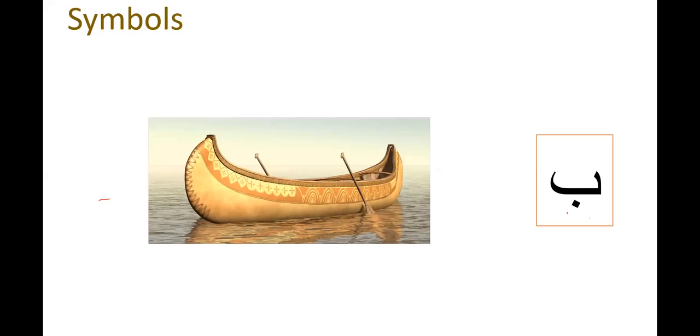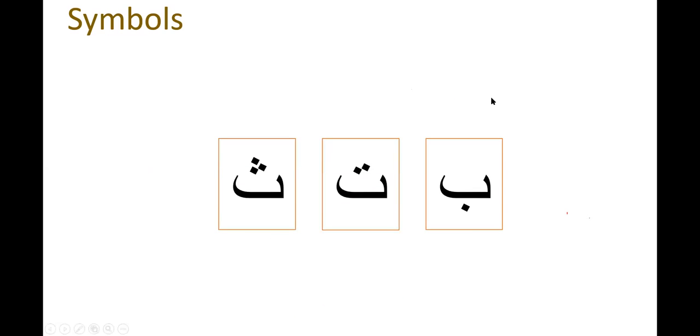Okay, so what do we conclude from that? So we have the letter Ba. This letter over here, don't worry about its name. It looked like a boat, like you guys rightfully said. I knew you guys were going to say that. That's why I put the boat over there. So if that looks like a boat, and these three letters look the same, with different dots, well, let's conclude with a principle, a key from these things.